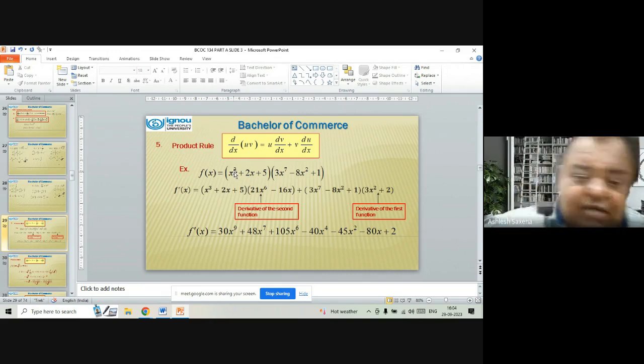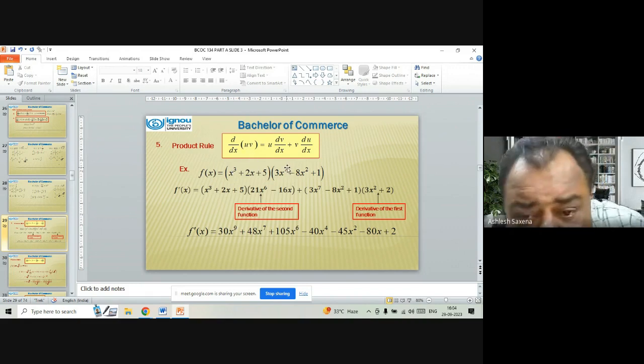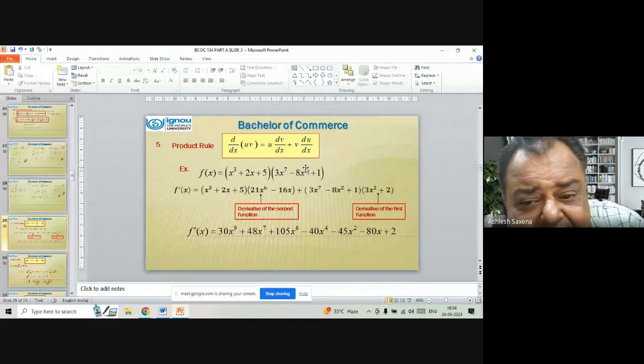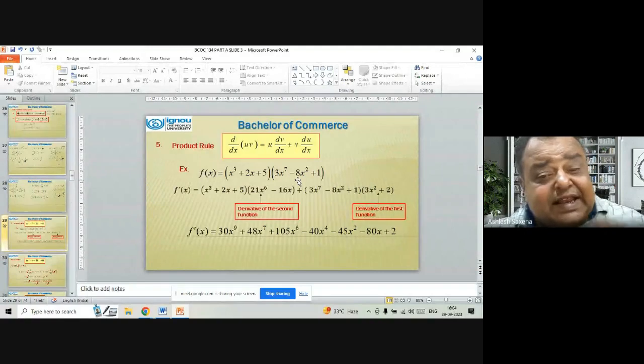So while we will be differentiating the second function, that is 3x raised to the power 7 minus 8x squared plus 1, what we are going to get? Multiply this 7 into 3, 21, and reduce the power by 1. It will be 21x raised to the power 6, minus sign, multiply this 8 by 2 and reduce the power 2 by 1. That means you will be left with 16x.